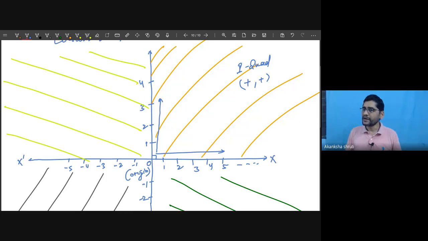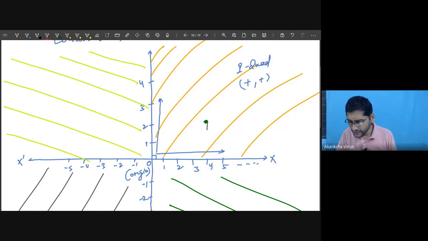Any number that we take here will have a positive sign. Example, let me take a point somewhere here and you are asked to find its coordinates. From here, draw a perpendicular line on the horizontal axis.